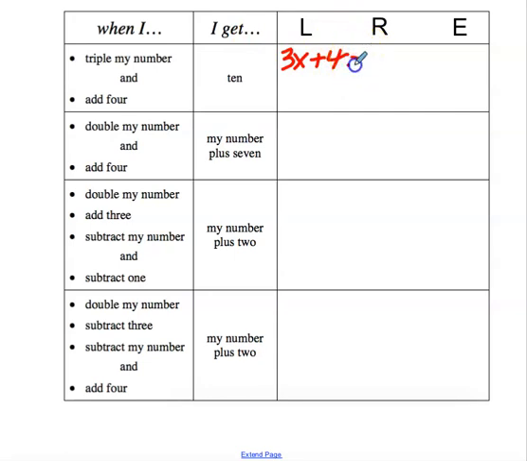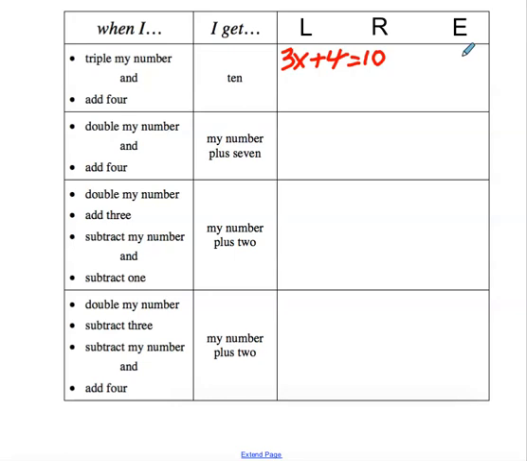So we're going to put an equal sign there and 10. Now, what I would like you to do, and you're probably going to need some paper to do this, is solve this problem. So it's basically you're solving it for x. Go ahead, solve the problem. So if you are watching a video, pause the video, try and work it out because now you know what you're doing. And then unpause the video when you're done.